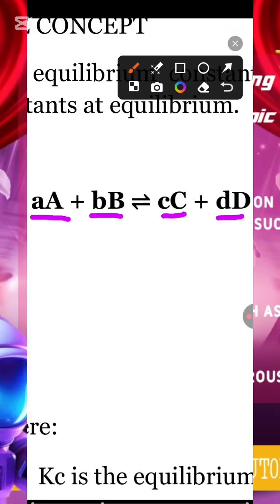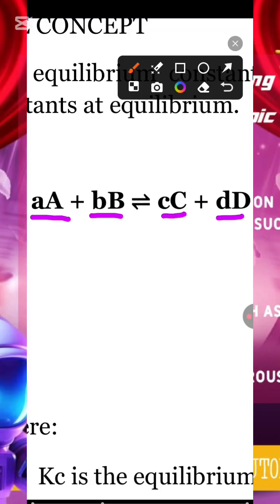You can see that for reactant A, there is a small letter a behind it. Reactant B has small letter b behind it. Product C and product D have small letter c and small letter d behind them. So those small letters represent their coefficients. When I say coefficient, what do I mean? I mean those numbers that represent the number of moles that are used.